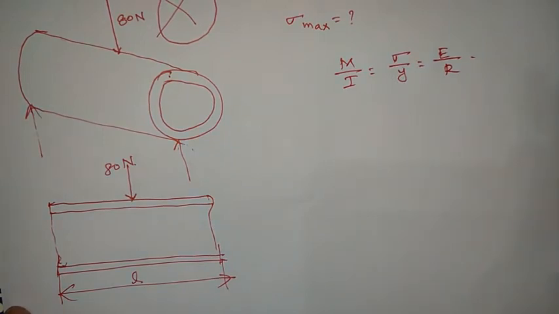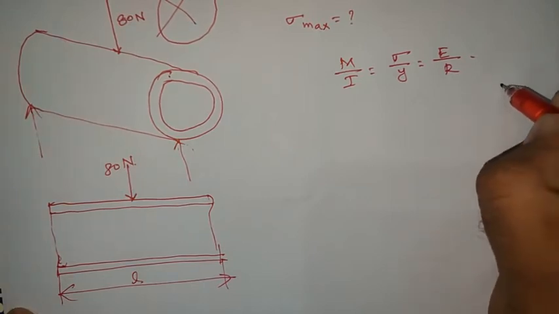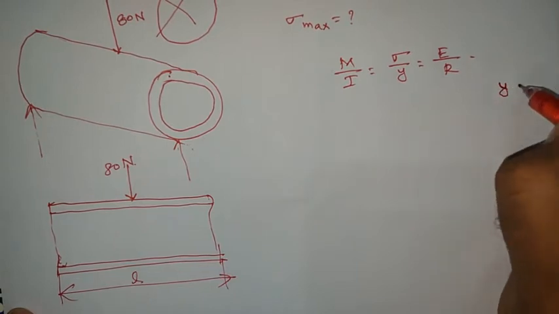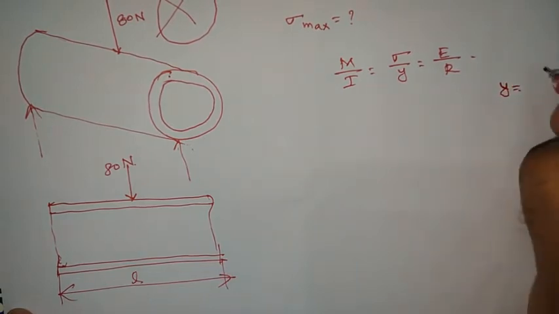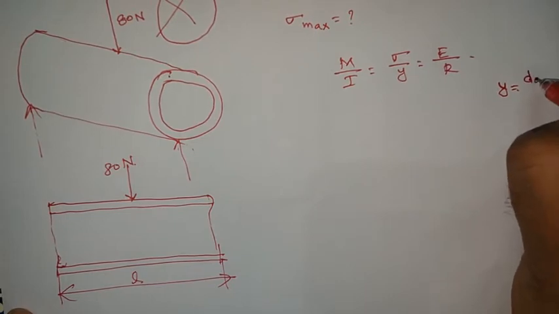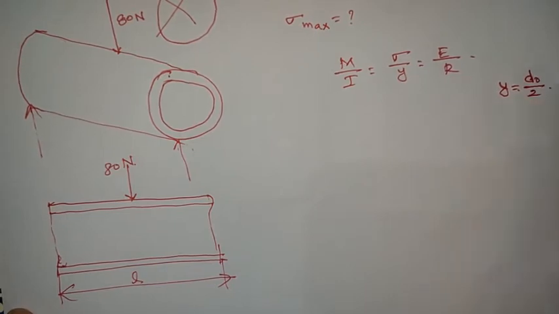So here, I already told, for a circular section the value of sigma is maximum at the outermost layer, that means at the outer diameter. So at y equal to D0 by 2, the value of sigma will be maximum.